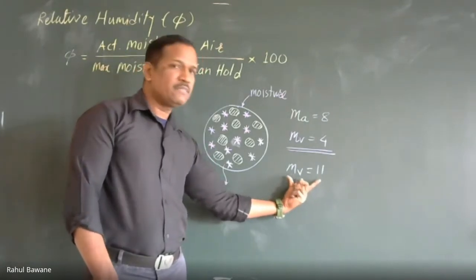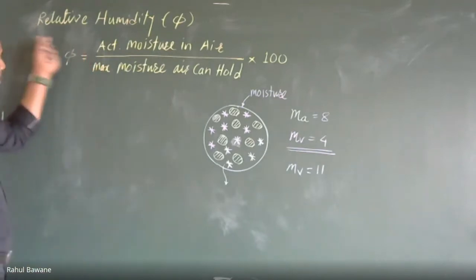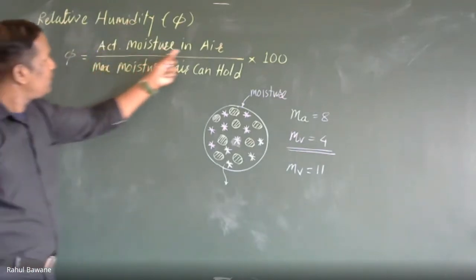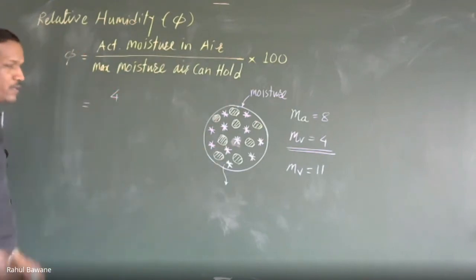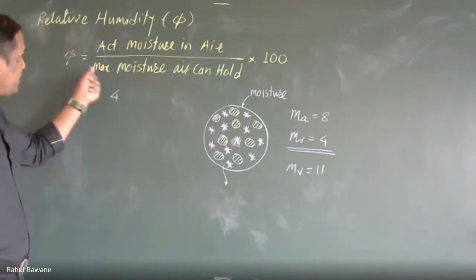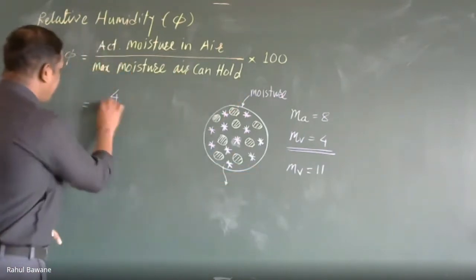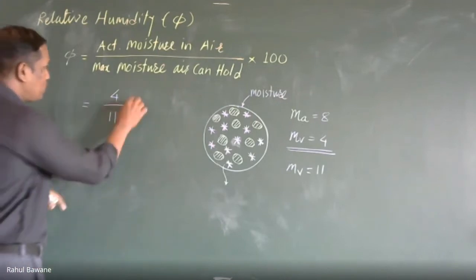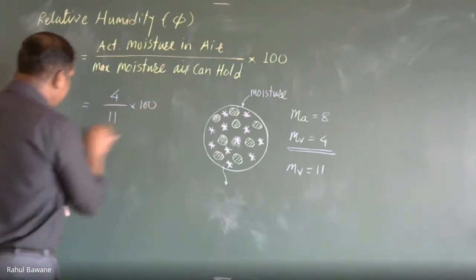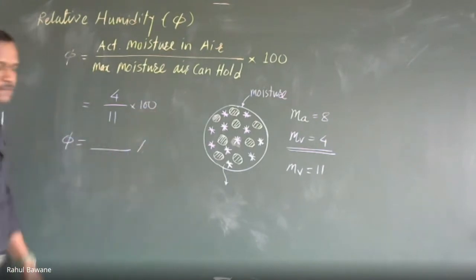So this is the maximum capacity. So from this, I come to know the relative humidity. The actual moisture in air, in our case, was 4, and the maximum moisture air can hold is 11. So this ratio 4 by 11 is the relative humidity.